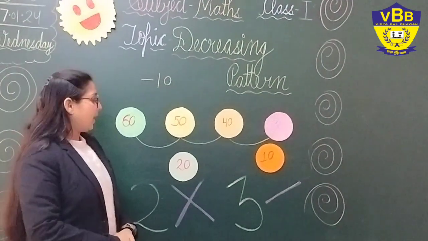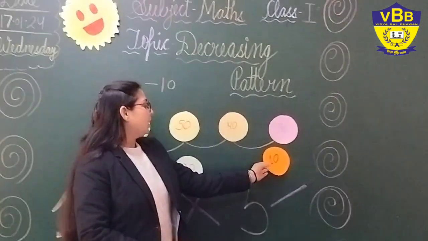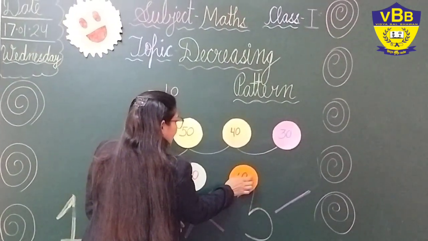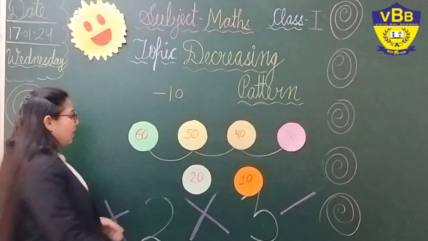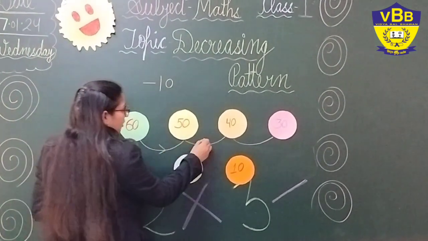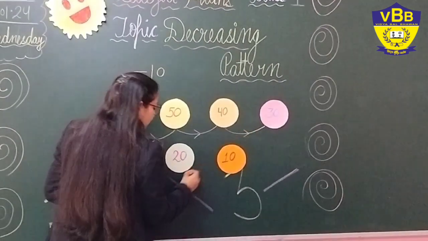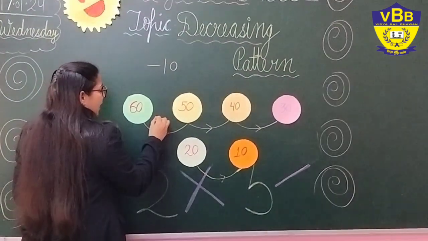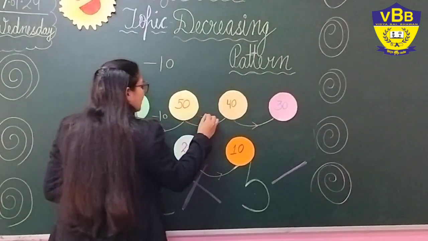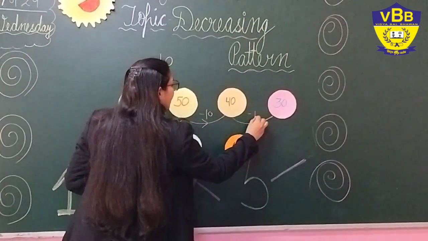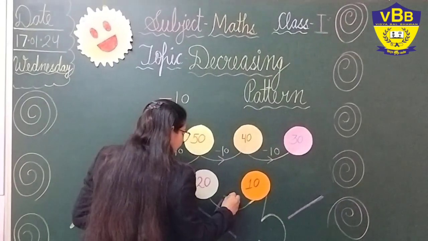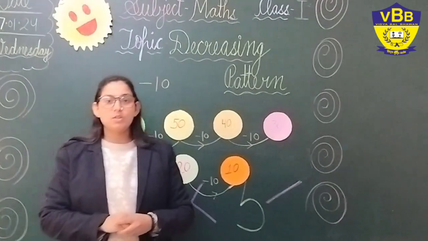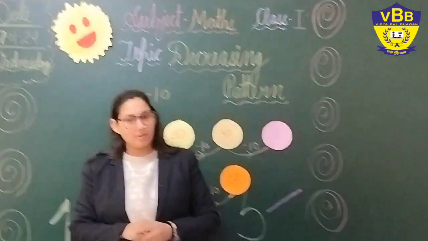And when we subtract 10 from 20, we get 10. You can observe here we follow the rule of backward pattern, and we have done the subtraction of 10 every time. Hope you all understood the concept of decreasing pattern.